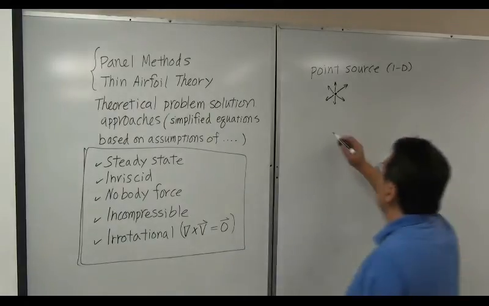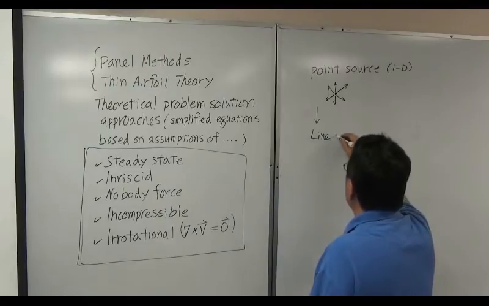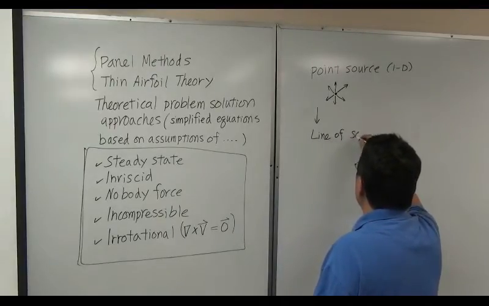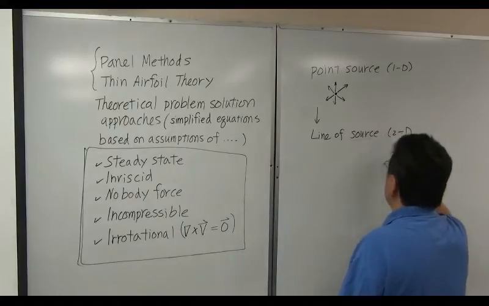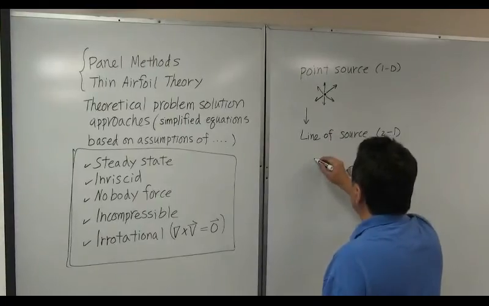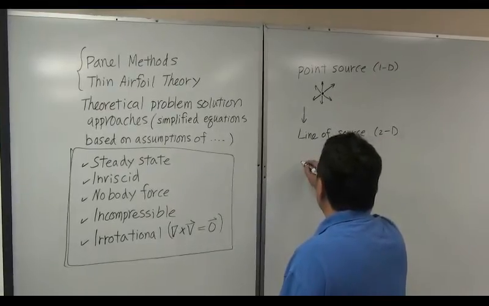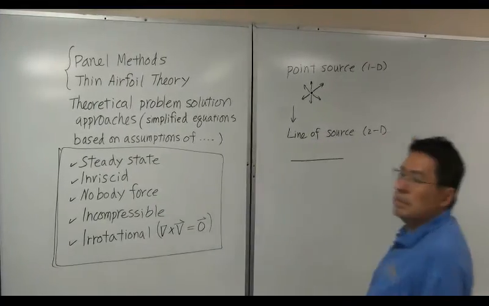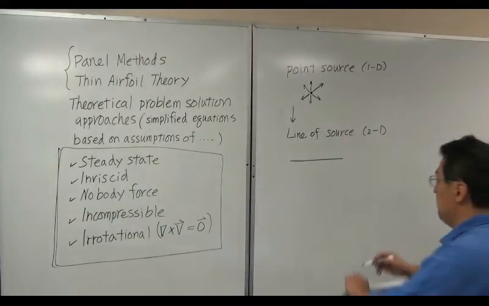Okay, so we are going to extend this into a line of source. This is essentially 2D analysis. Suppose these point sources are sitting side by side. In fact, you're going to consider a line created by a series of point sources.